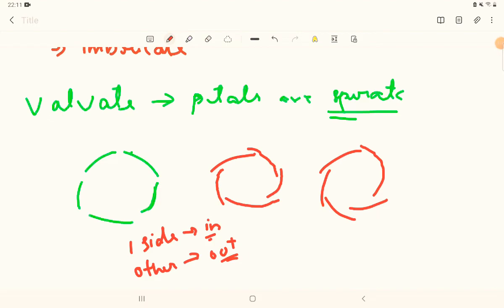Okay, if you are asking about examples, the valvate example is calotropis.